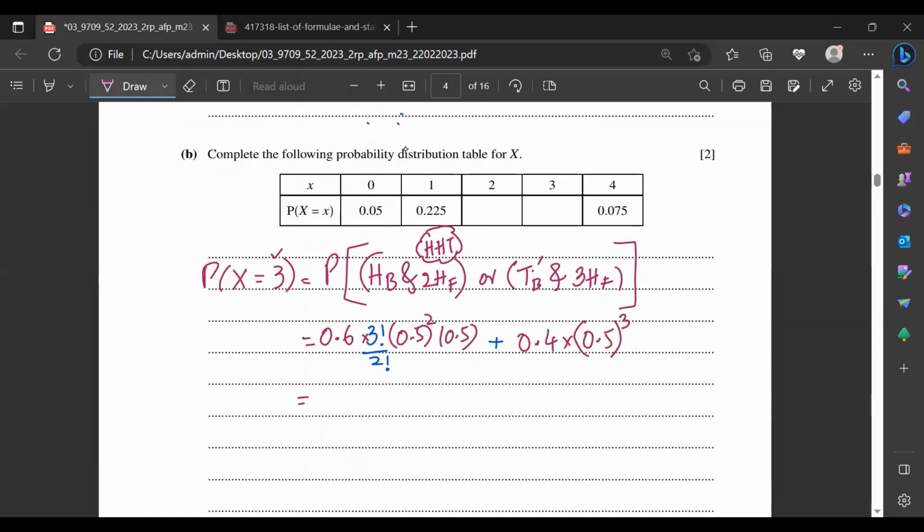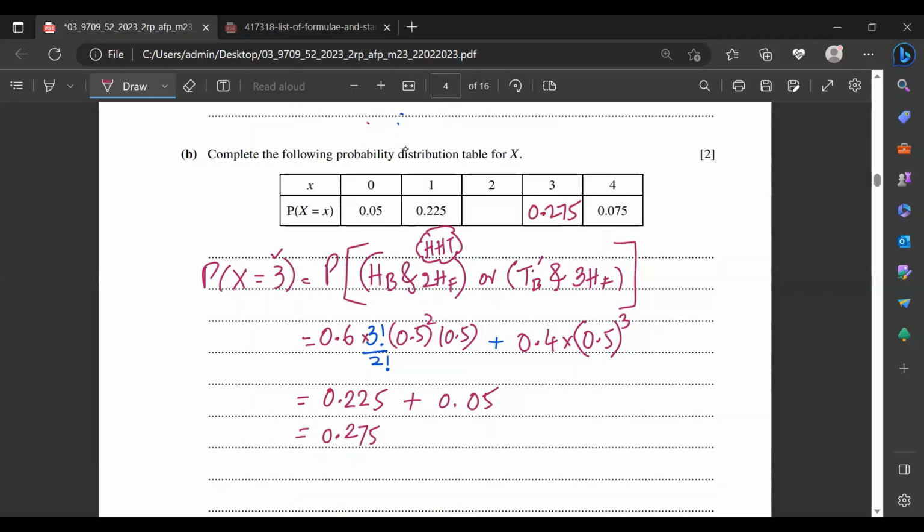So when you simplify, the first is 0.6 multiplied by 3 multiplied by 0.5 raised to power 3, which is 0.225, plus 0.05. Added to 0.225, the answer is 0.275.